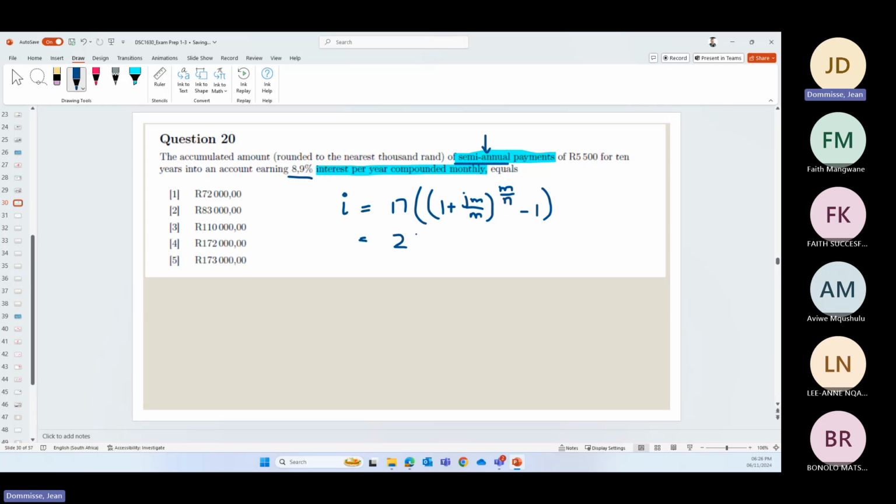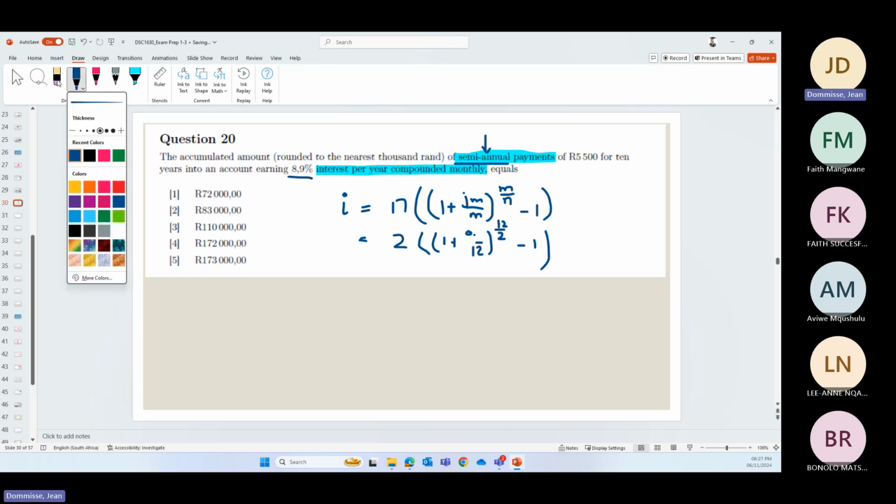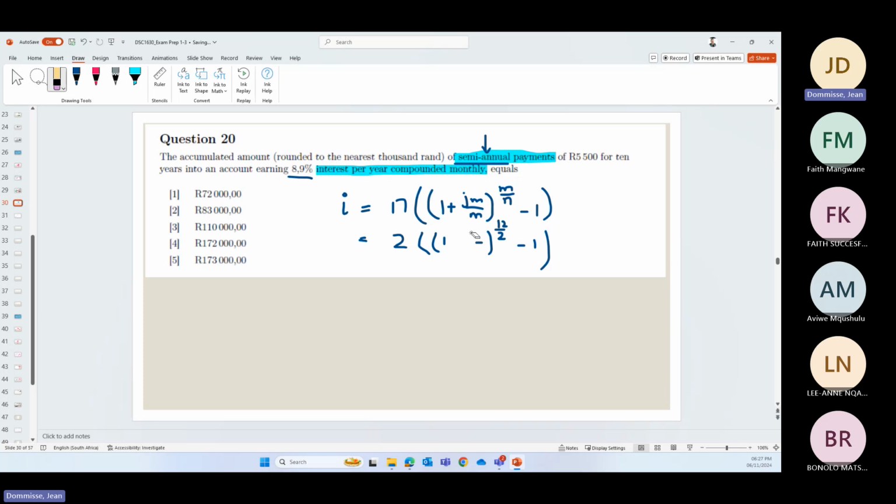So semi-annual payments, so the N is 2, the M is the compounded monthly, so M is 12. So just important that we make sure that we get that right. And then our interest rate was 8.9%, so that is 0, oh, let me just rewrite this, so that we have a bit more space.